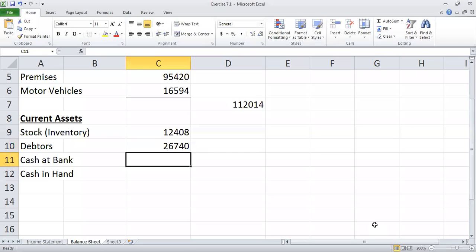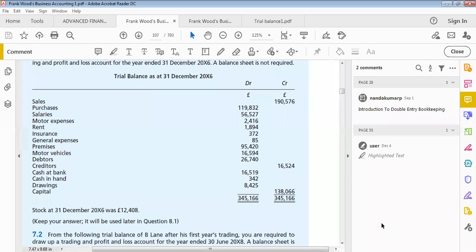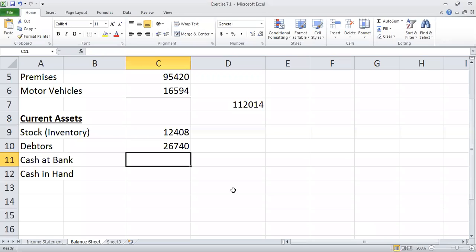Then the cash at bank now, look for it. Cash at bank is 16,519, and cash in hand is 342, right? So 16,519 cash at bank, and then cash in hand is 342.